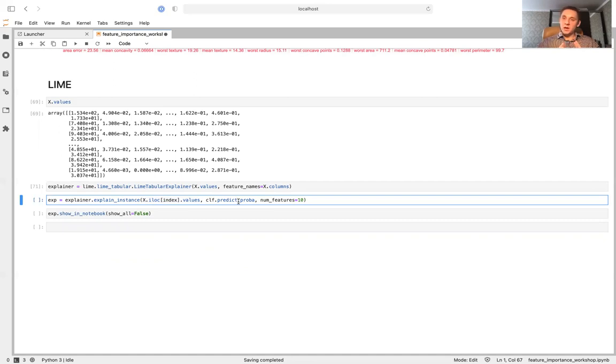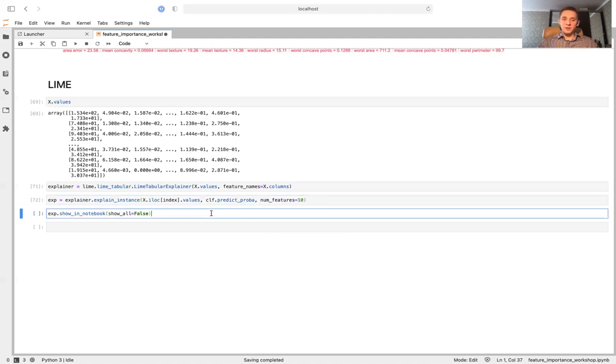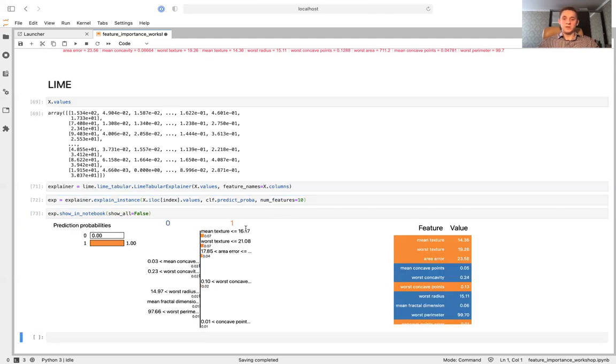For our particular classifier, we specify that we would like to use the probability prediction by our trained random forest classifier, and number of features equal to 10 means that we would like to analyze only the top 10 features which were responsible for the prediction. Now we generate the explanation and show it in our notebook.